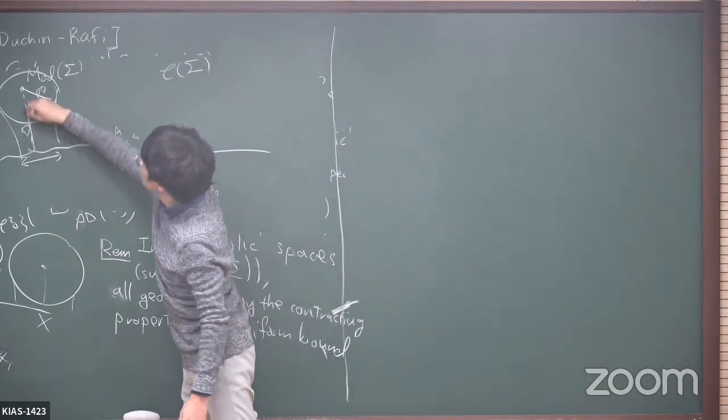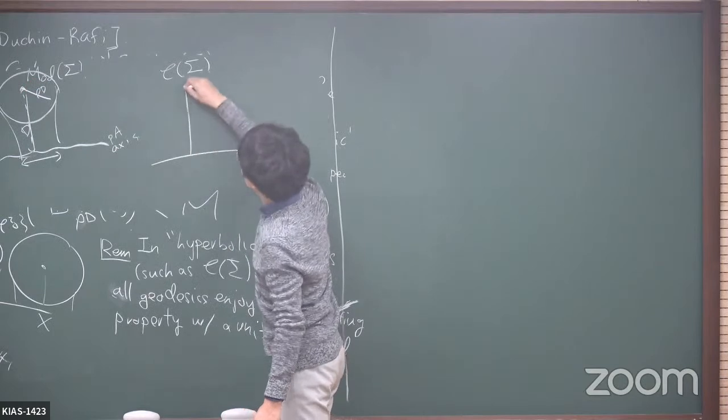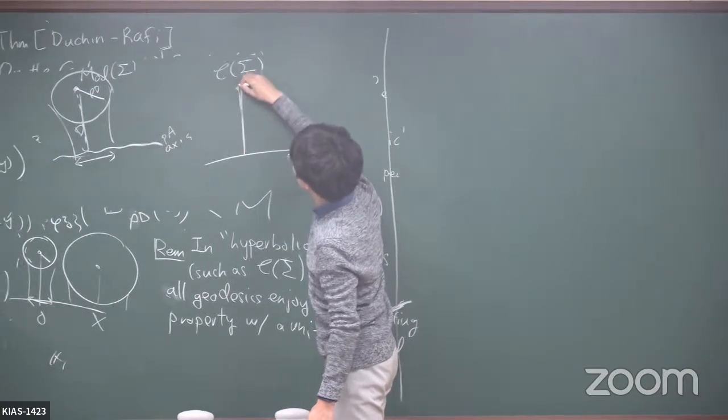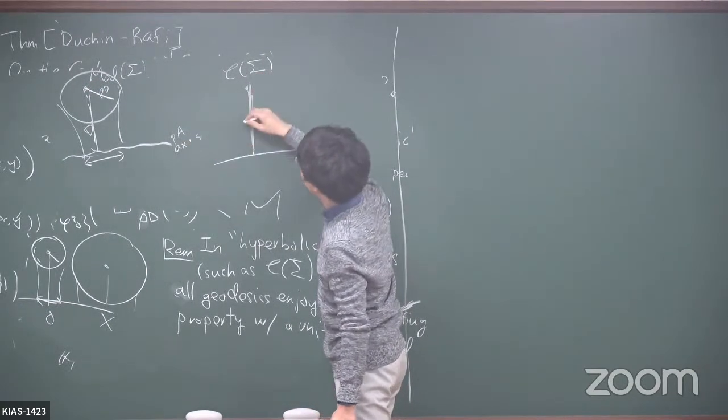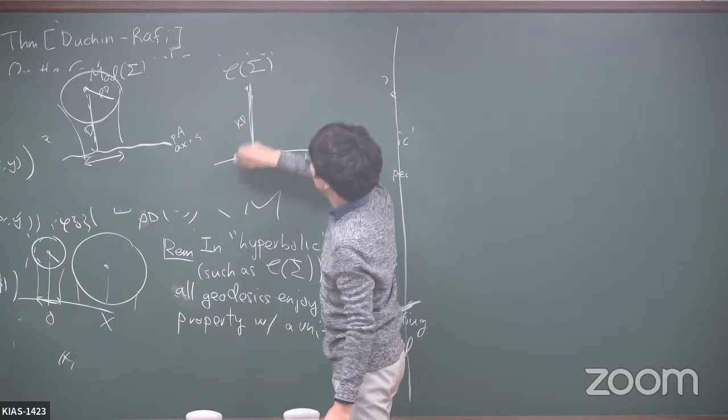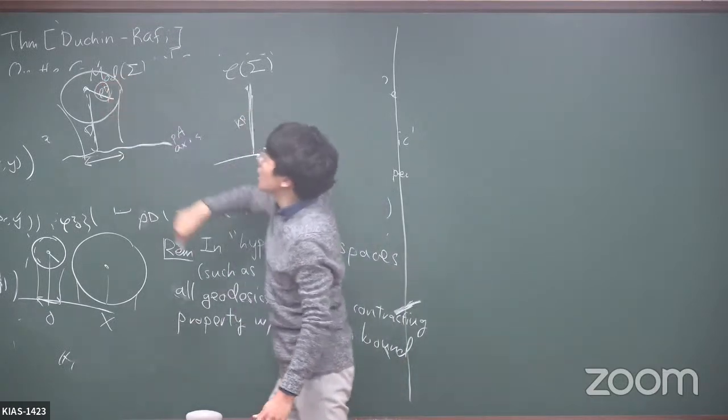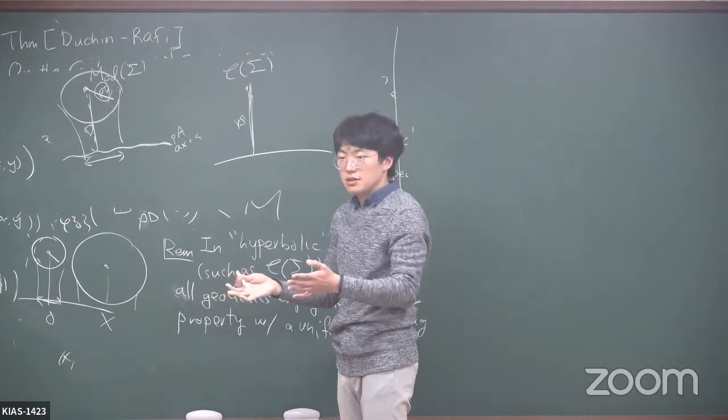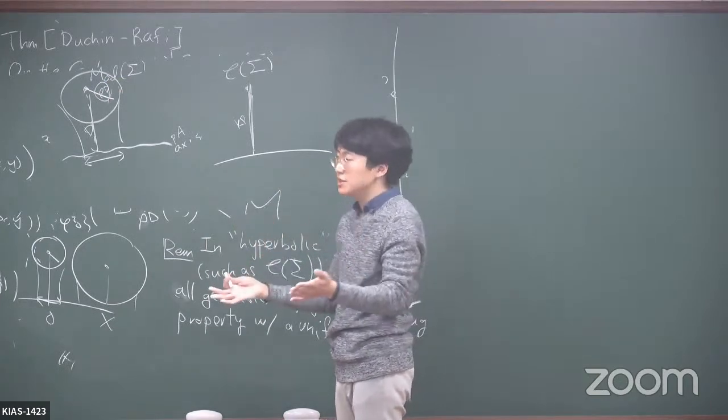Then perhaps this distance can be comparable to D, perhaps KD. This one cannot be exaggerated. It can be shortened, but it cannot be exaggerated.